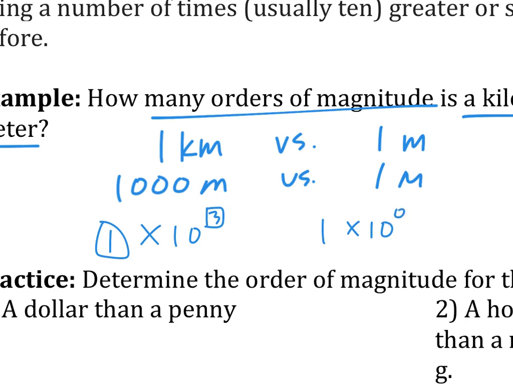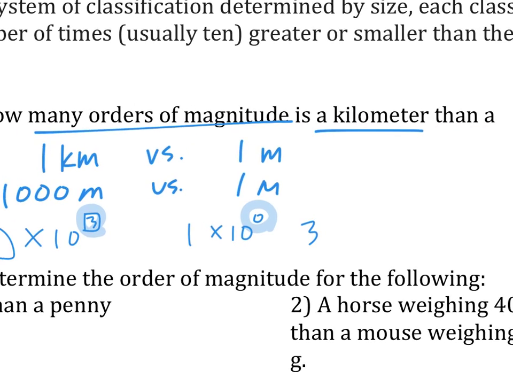Okay, so when you're asking for orders of magnitude, it means how much bigger this exponent is than that exponent, on the orders of 10. It has to be 10 to something. So it's going to be 3 versus 0, so that is going to be 3 orders of magnitude bigger.